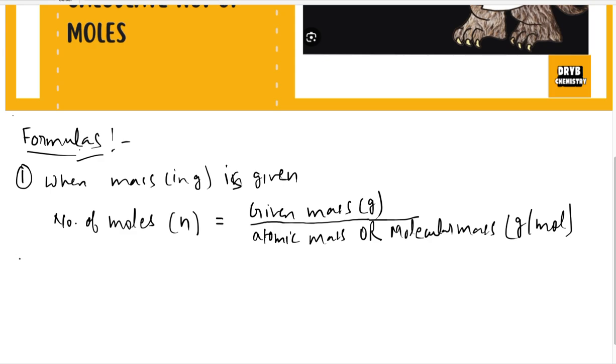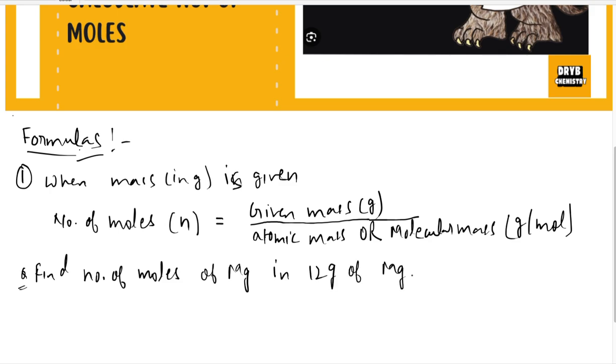So let's say we have a numerical: find the number of moles of magnesium in 12 grams of magnesium.